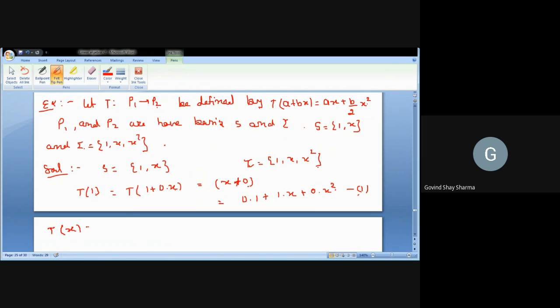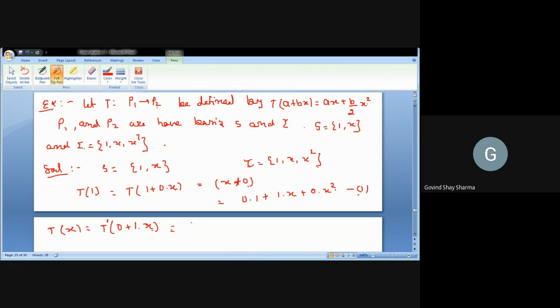Now T(x) we can write as T(a + bx), in the S basis. First we write it in the S basis, then convert to the tau basis. So a is equal to 0 because we want to write here x, so it is 0 plus 1 times x.